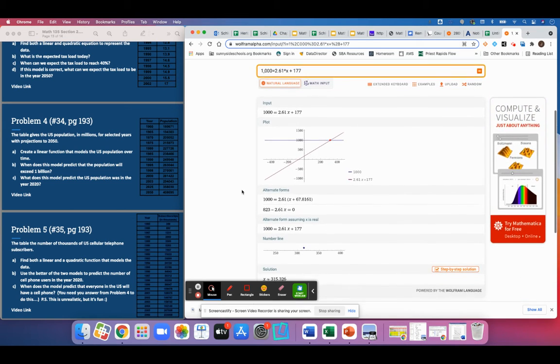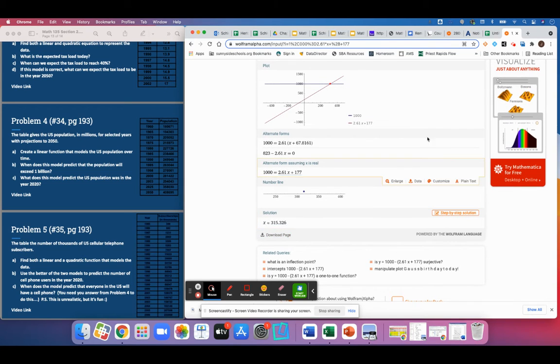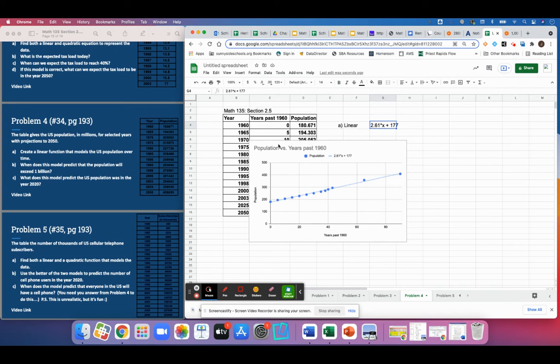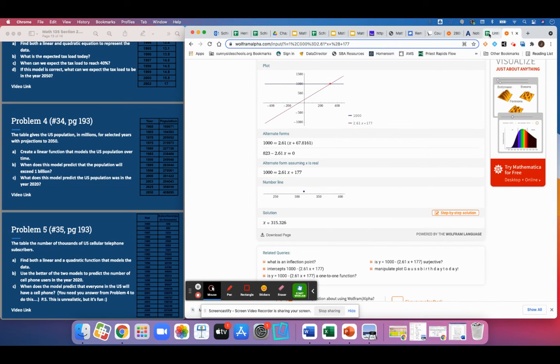And it's saying that the population in the US will reach 1 billion in 315 years after 1960. So that's kind of a far projection into the future. It's probably not going to be true, but it's kind of fun to play around with these things. The model predicts that the US population will reach 1 billion in the year, and I can't remember. 315 years later.